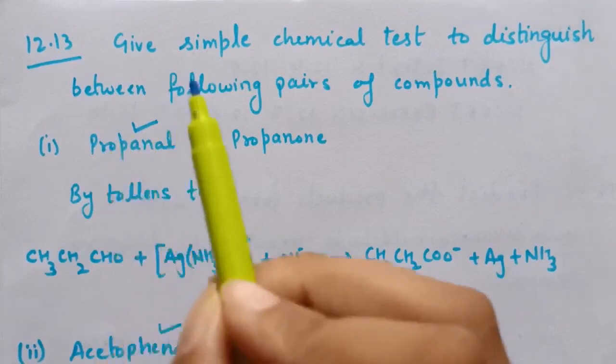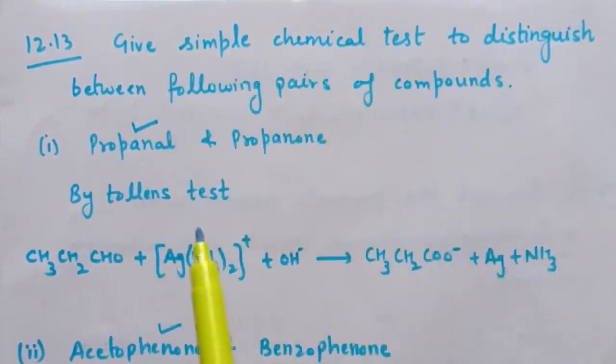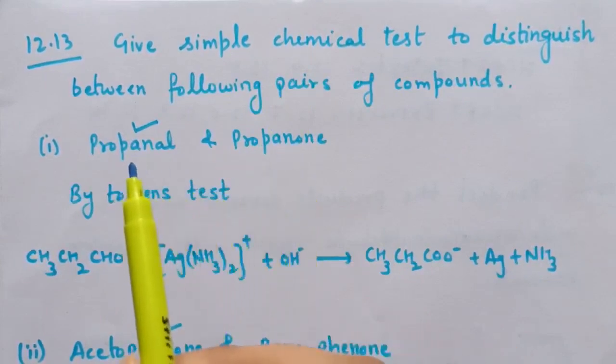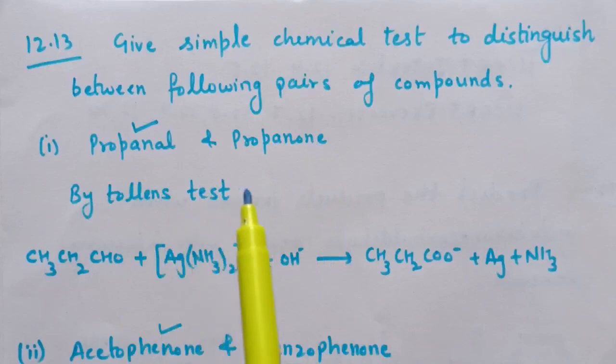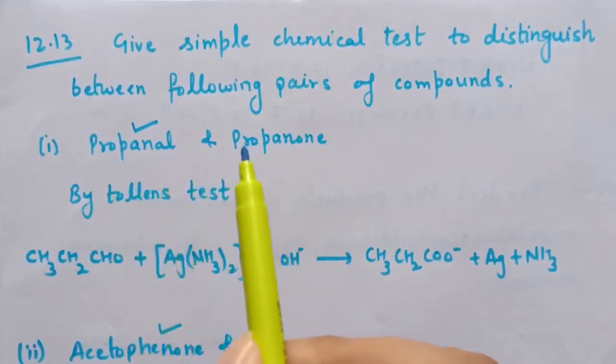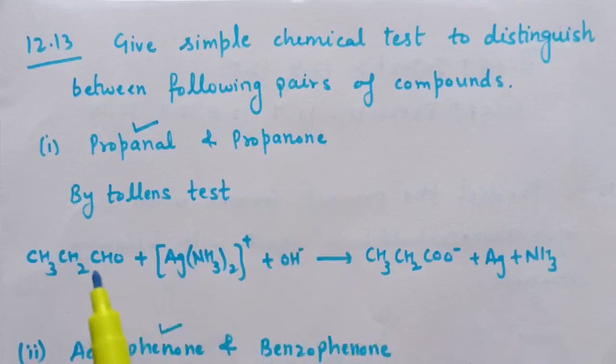Question number 13. Give a simple chemical test to distinguish between the following pairs of compounds. First is propanal and propanone. We can distinguish between propanal and propanone by Tollens test. Propanal will give a positive Tollens test, whereas propanone will not. Here is the reaction of propanal with Tollens reagent.